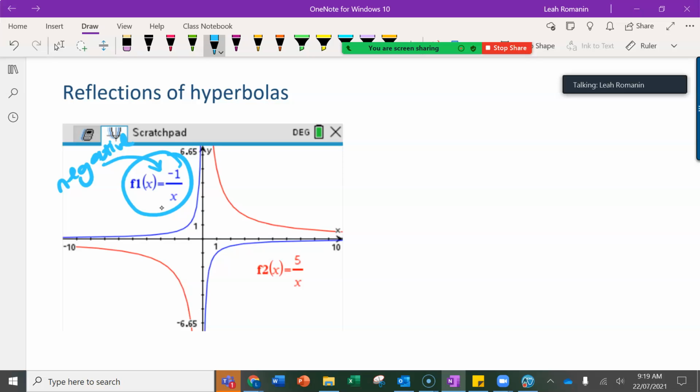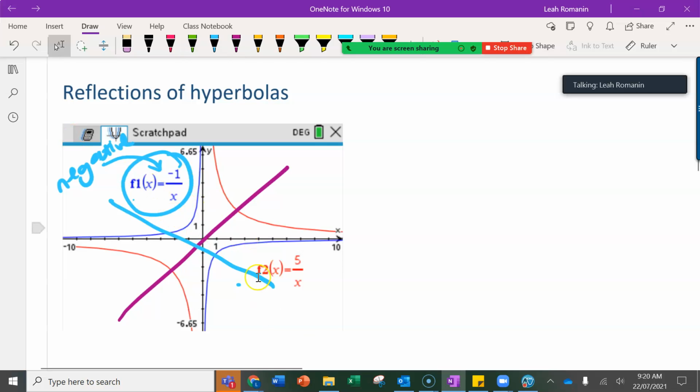So instead of being in the bottom left and the top right, I'm going in the top left and bottom right direction. Now, if you think about it, it sort of makes sense, because remember, a positive gradient goes this way and then a negative gradient goes this way. And that's the line that our reflection is following. So because it is negative, it goes top left to bottom right.